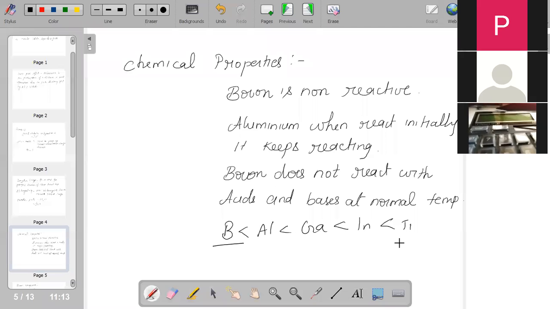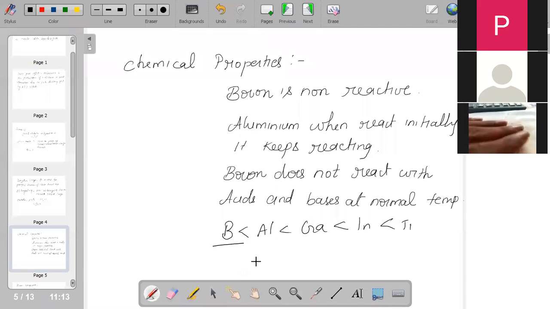And yes, of course, when we are talking about aluminium, when it is reacting initially, it keeps reacting. But after some time, a layer of its oxide is formed over its surface, and this layer will prevent it from further reacting. So it becomes passive after some time.